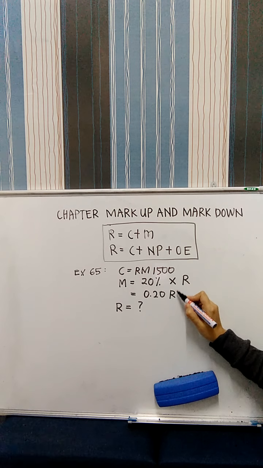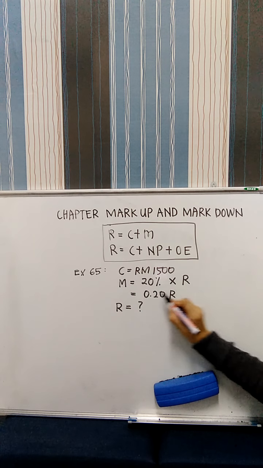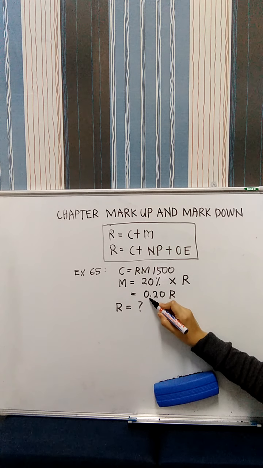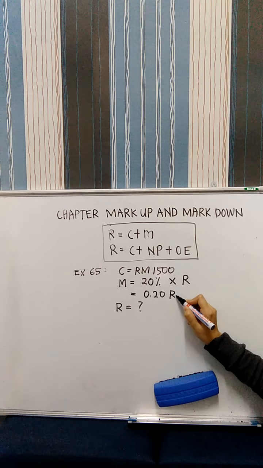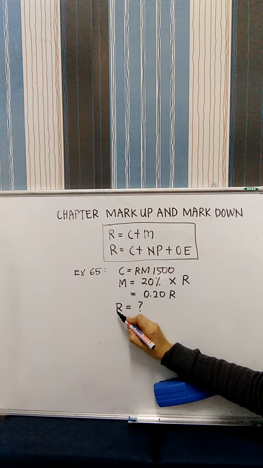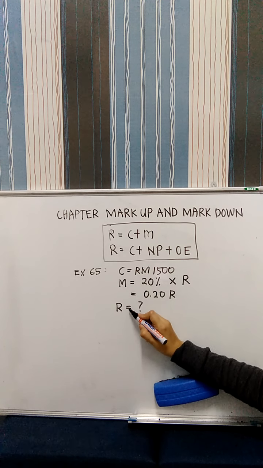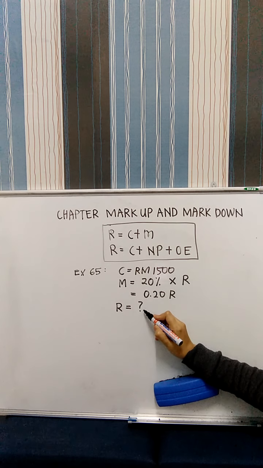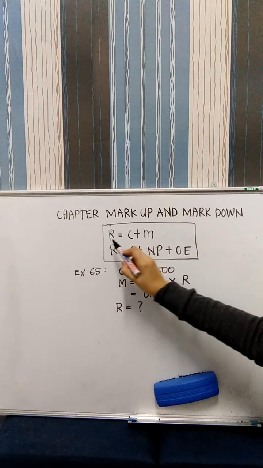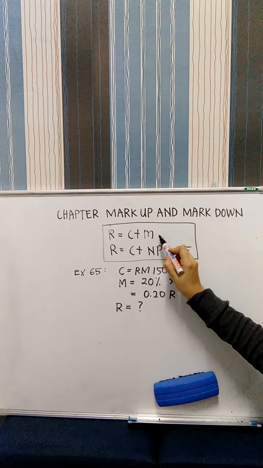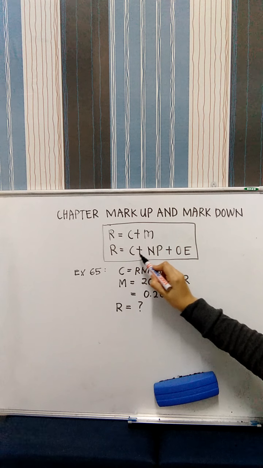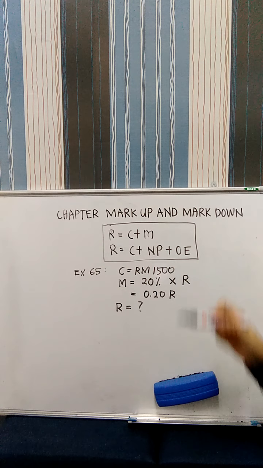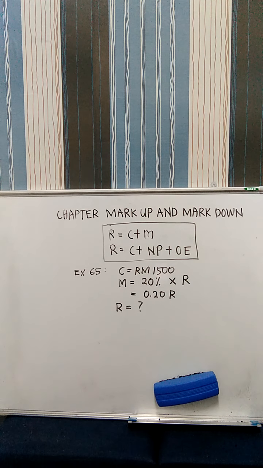Okay. So for M, you have 0.20 R. The R, we need to find the value. So R equal to what? You have two formulas: R equal to C plus M and R equal to C plus NP plus OE. Choose the suitable formula.